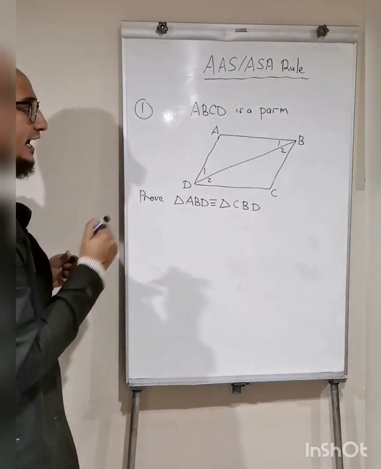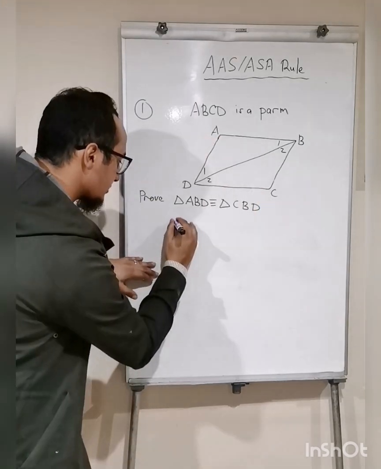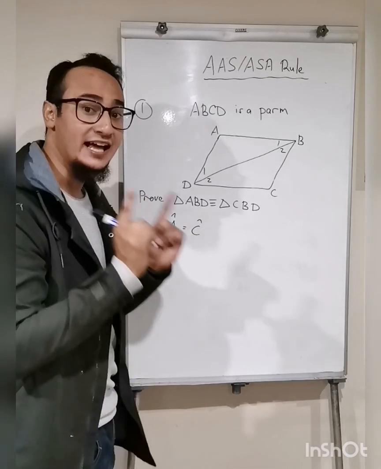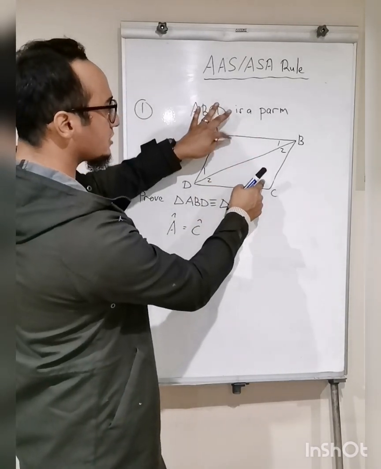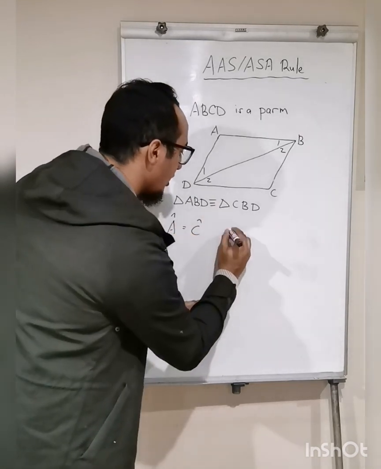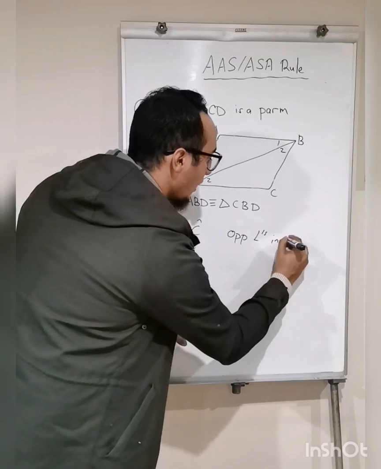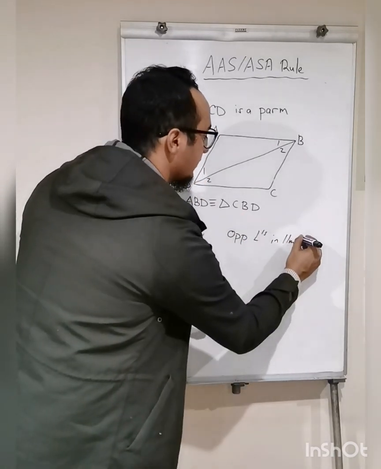Right. Firstly, I'm going to say that angle A is equal to angle C. So angle A would be equal to angle C, and what's the property of a parallelogram? That the opposite angles are equal to one another. Opposite angles in a parallelogram, it's very important to mention what's the diagram's name, are equal.